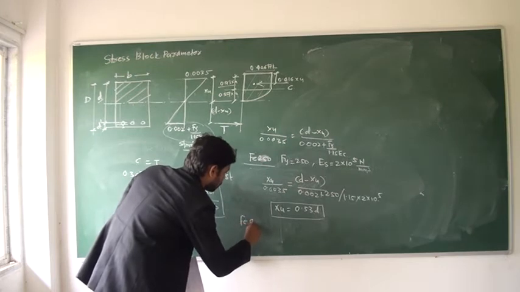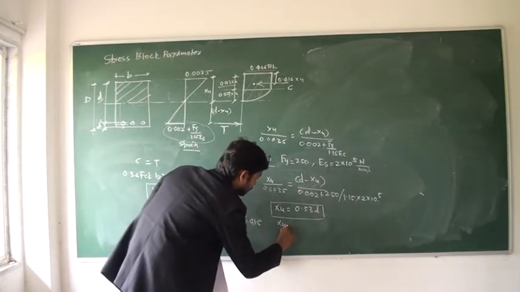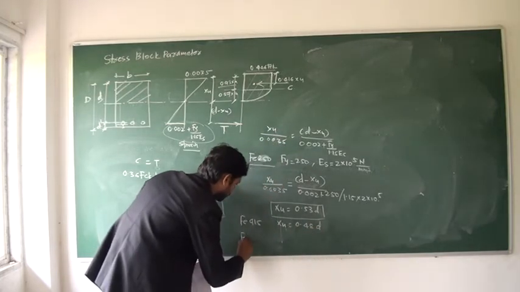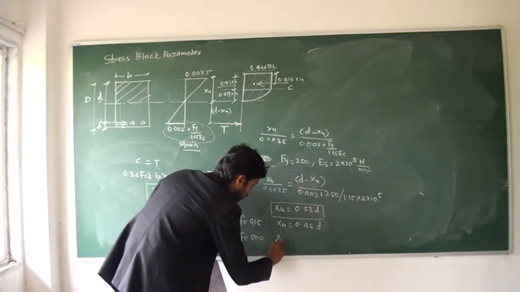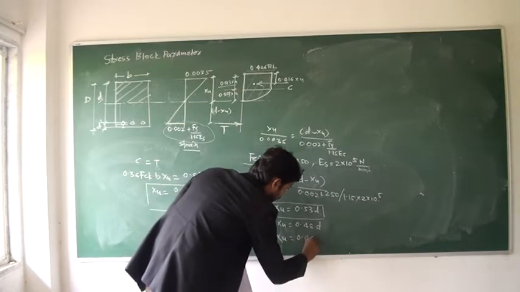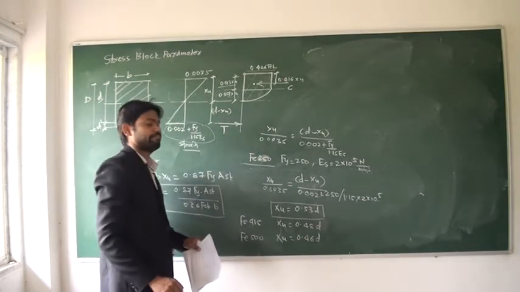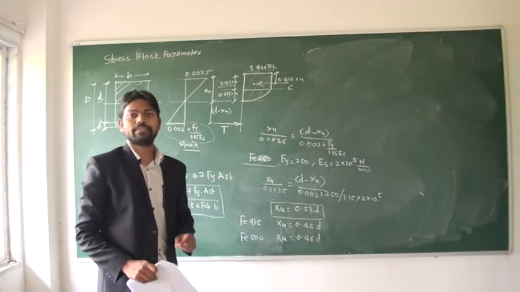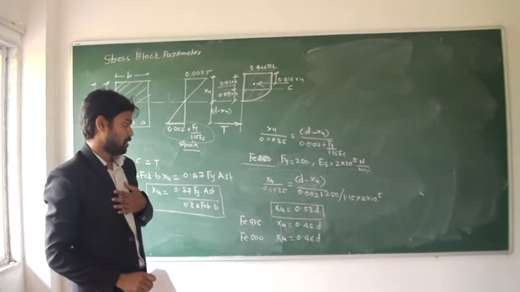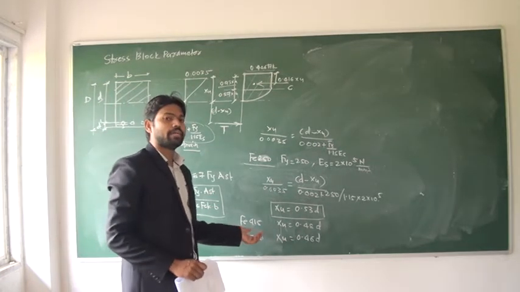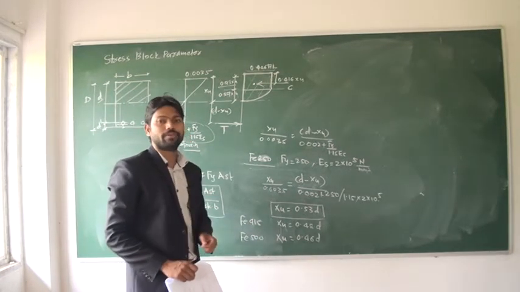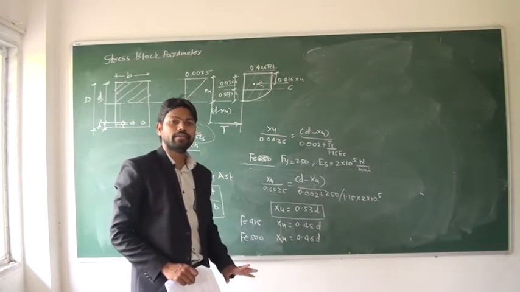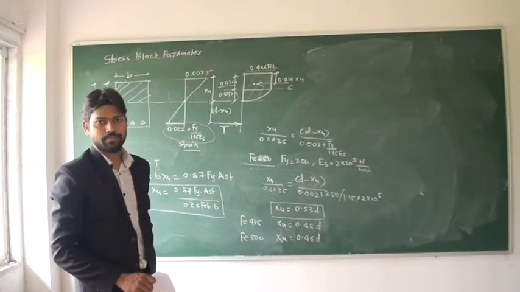Now if you use Fe415, this value will become 0.48 d. If you use Fe500, this xu value will become 0.46 d. These are called neutral axis constants. If you know that you are using Fe415 and your neutral axis depth is 0.48 d, it means your section is a balanced section.